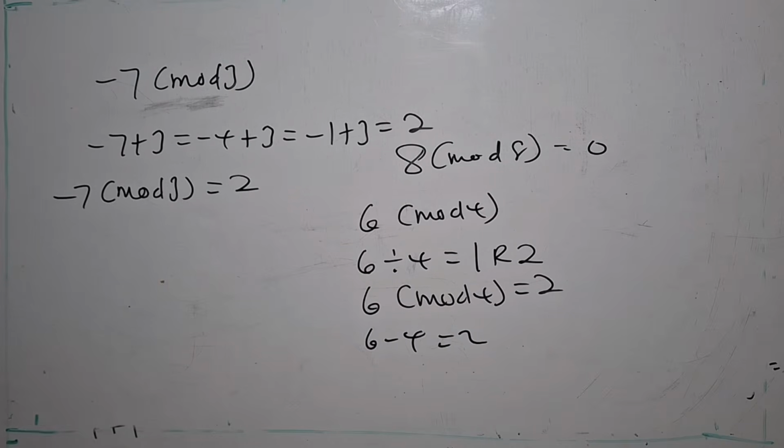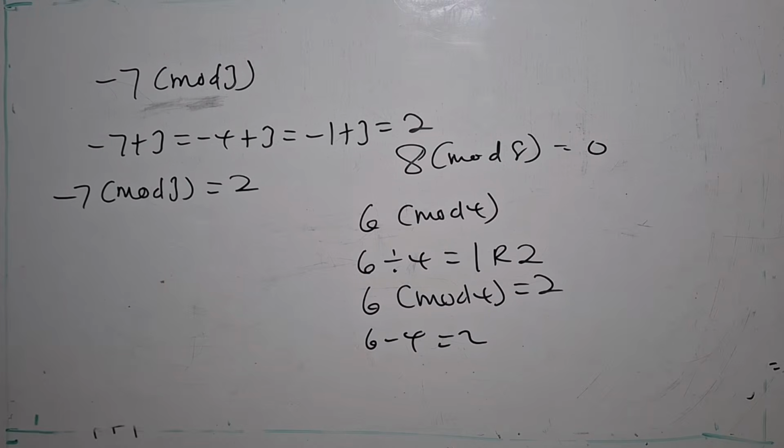And we have what we call equivalent or congruent modulo. When we say modulo of two or more integers are equivalent, it means we obtain the same remainder when we solve.